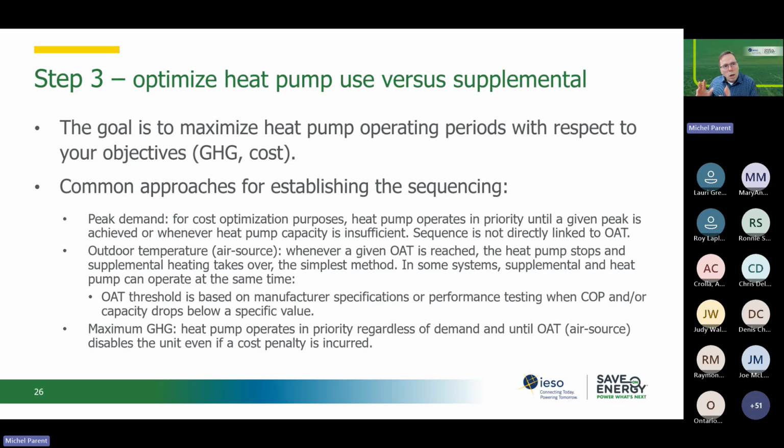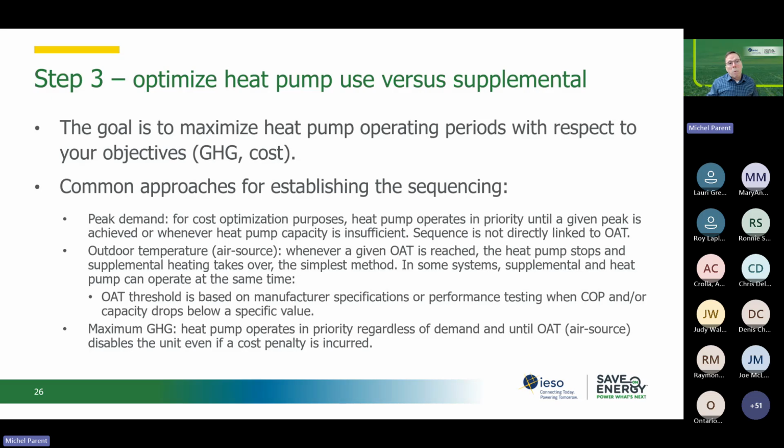So if your goal is to maximize your economic benefit, or sometimes it's actually to reduce to a maximum the penalty of running a heat pump system, to still obtain GHG benefit but minimize your cost penalty. Sometimes it can also be a cost benefit.